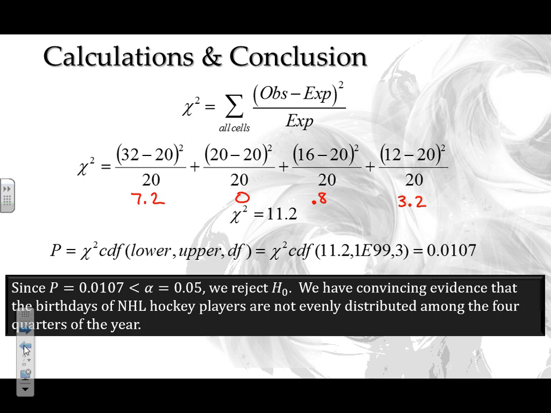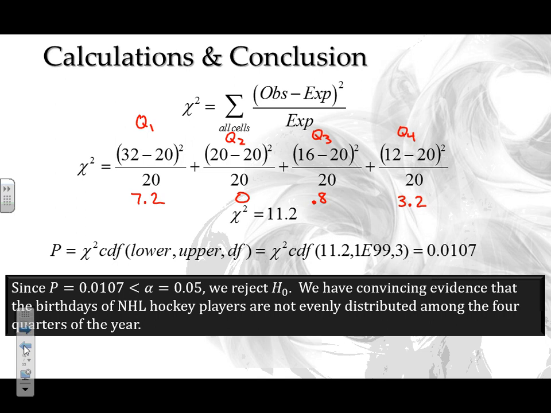The first quarter. So this was quarter 1, quarter 2, quarter 3, and quarter 4. This quarter 1 had the biggest discrepancy in it, right? And which direction was that discrepancy? Here we actually can determine a direction, because here was our observed number of players born, and here's how many we expected to have been born in that first quarter.